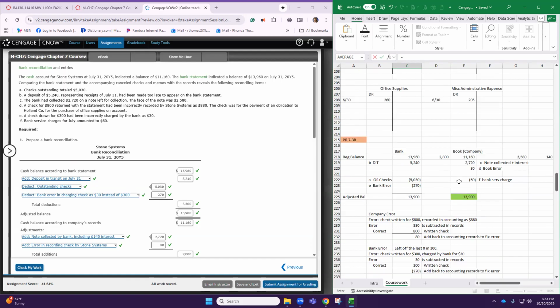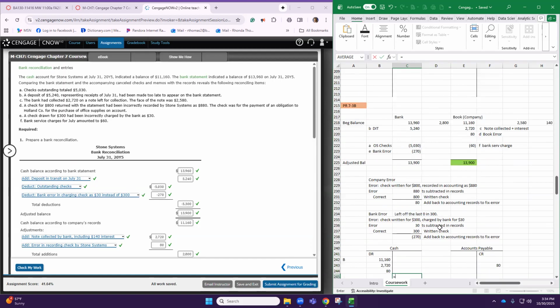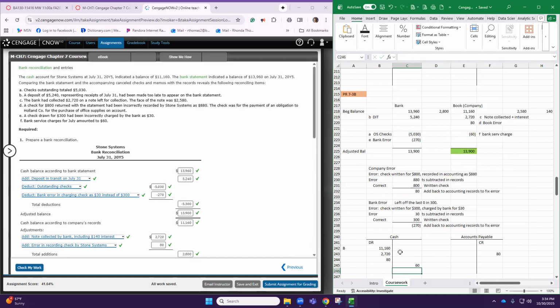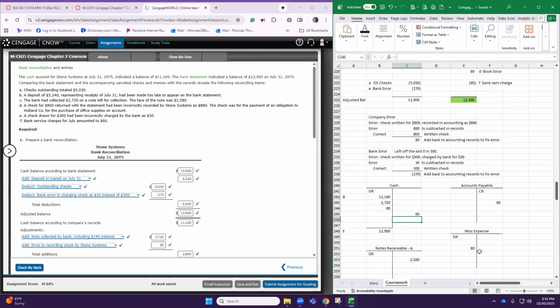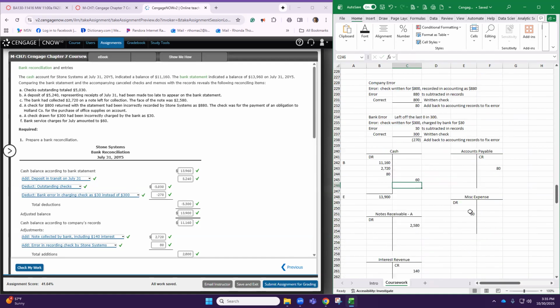Okay, and I've got that right there. I want it to be a credit. That way you don't see a negative or a positive, because the negatives and the positives happen whether you debit or you credit. Then the last one is miscellaneous expense, and that's the amount of the service charge.